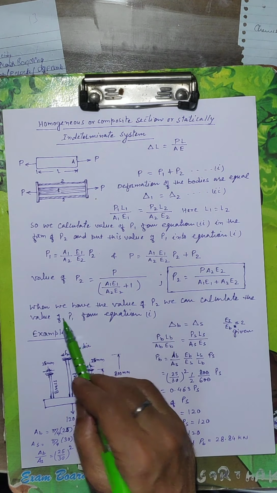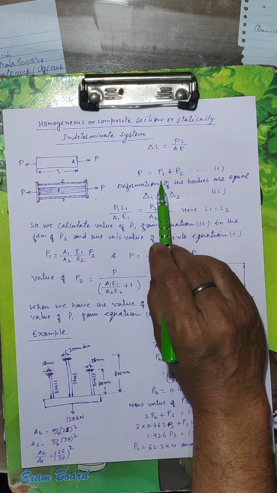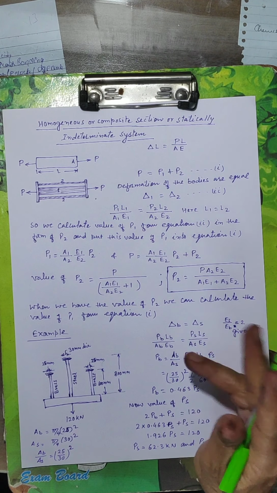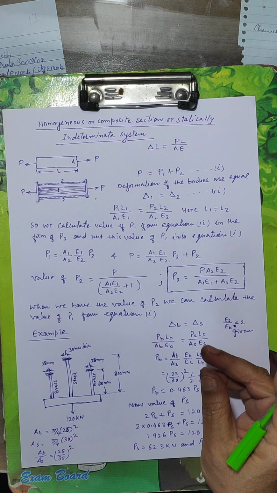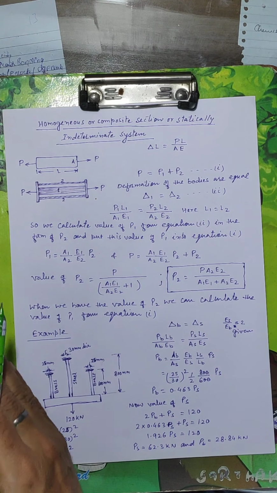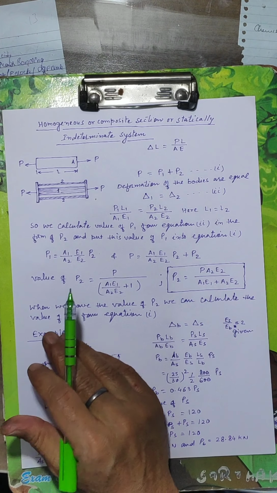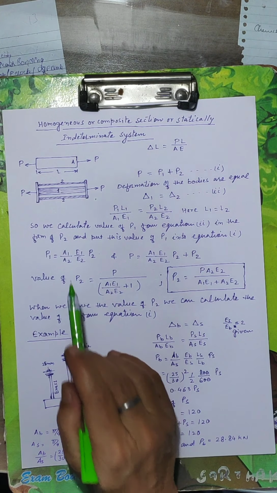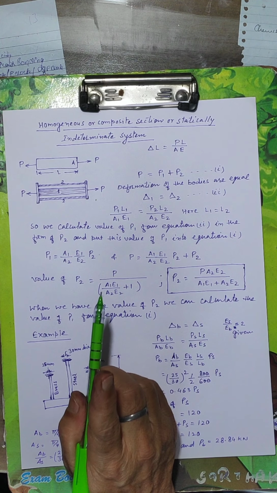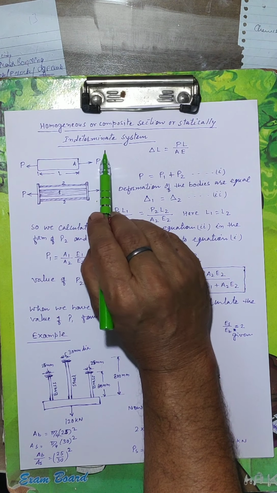After getting the value of P2, from the first equation we can get the value of P1. So two equations are required to calculate the shared load by the two materials, and because this cannot be solved by only the principle of statics, that's why it is called an indeterminate system.